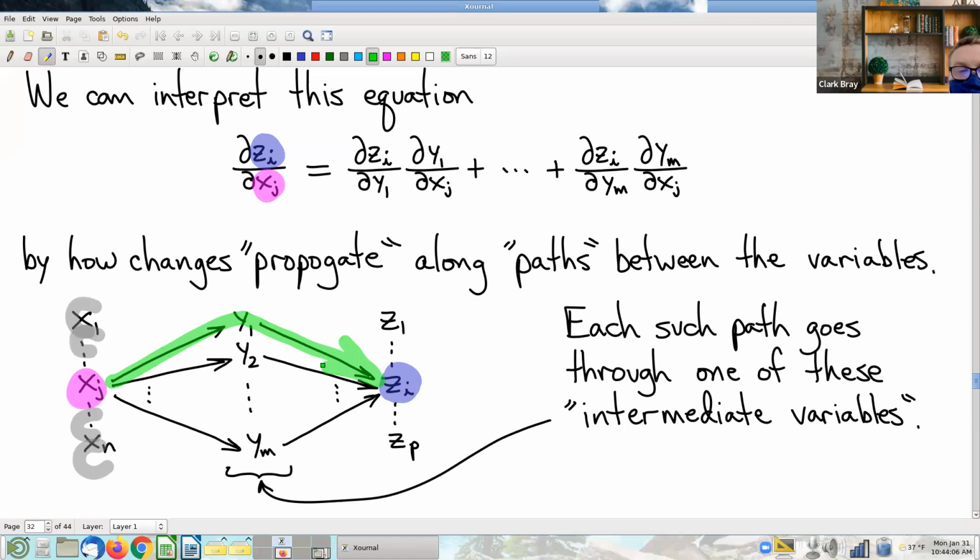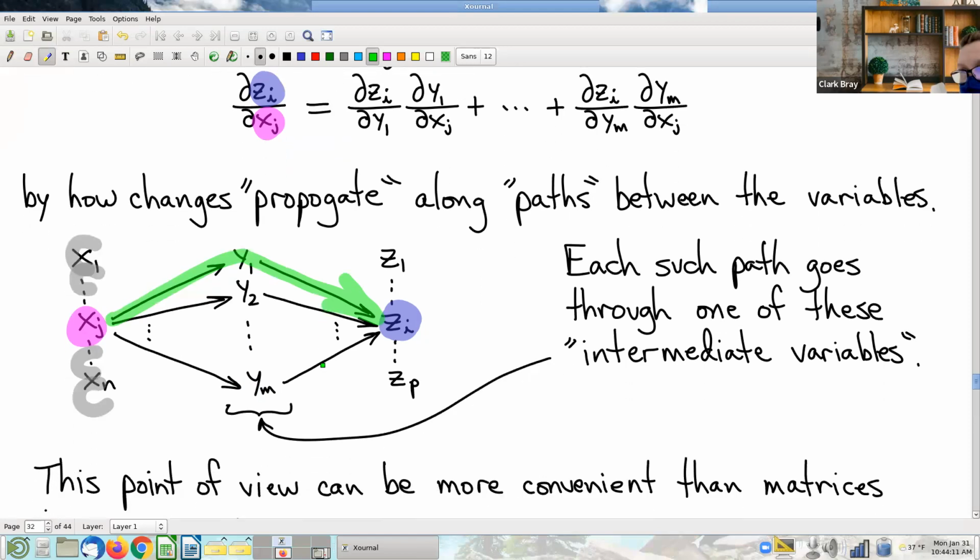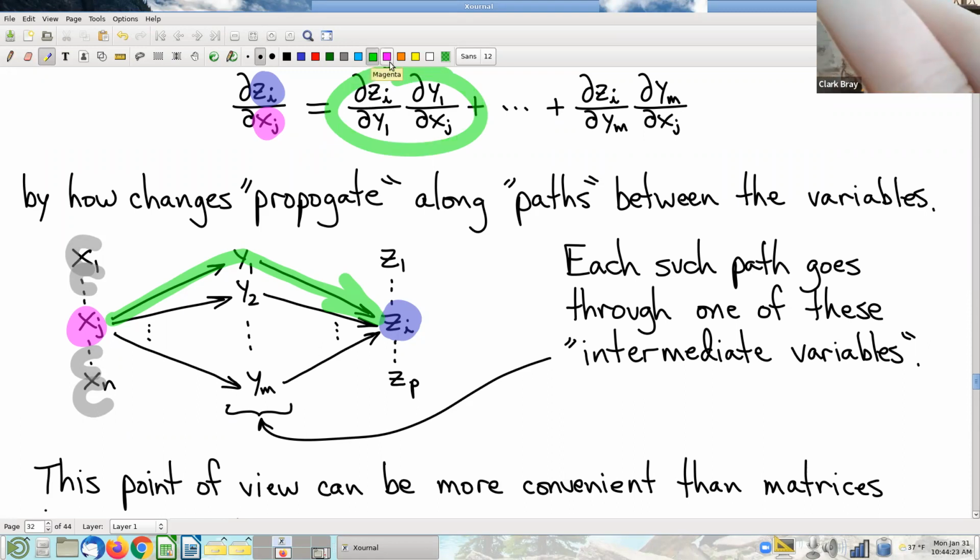Here we have a path along which a change can propagate. As xj changes, that causes a change in y1. As y1 changes, that causes a change in zi. That's really what's going on with that term right there. This part right there is that factor, and the next step there is that factor.